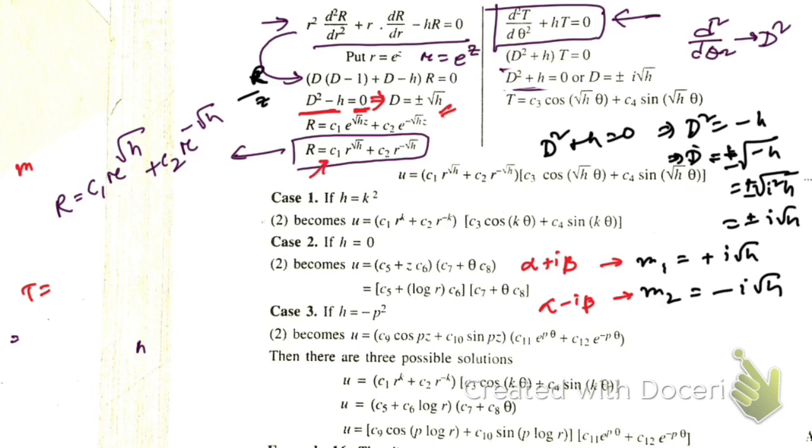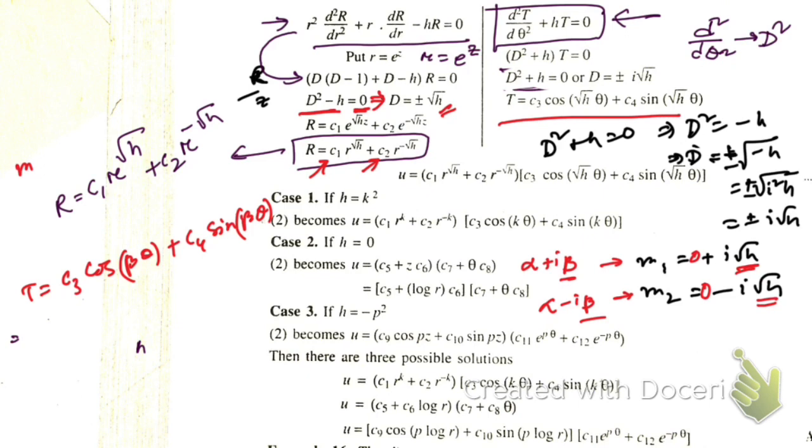Already we have used C1 and C2, so we can write C3 cos beta theta plus C4 sine beta theta. That's what we're going to have. So here beta, in this case, is root h, and alpha is 0 here. So that's how we have got this solution.